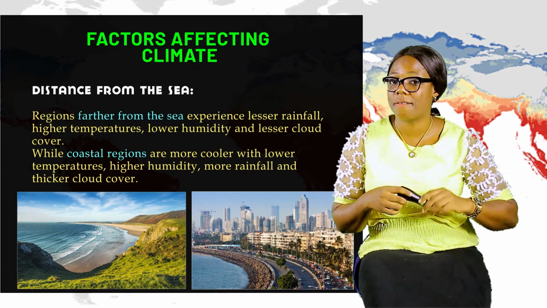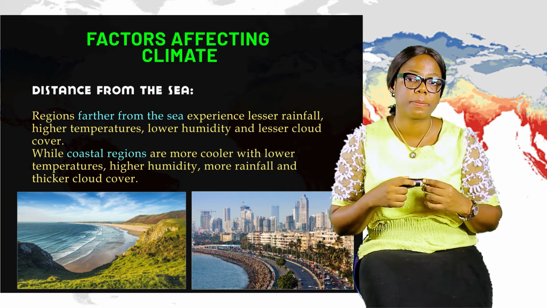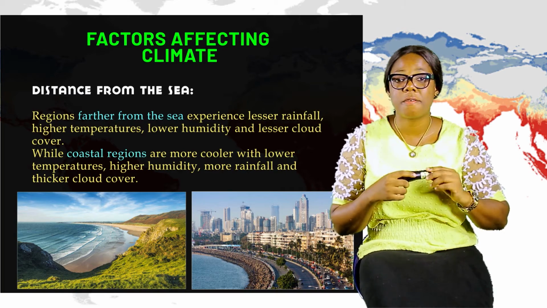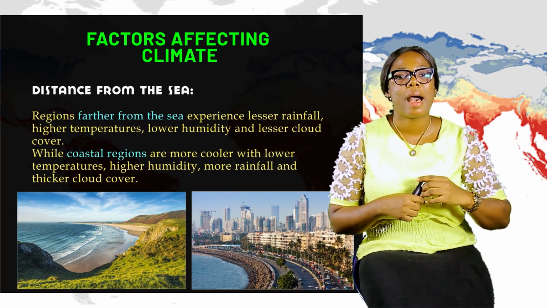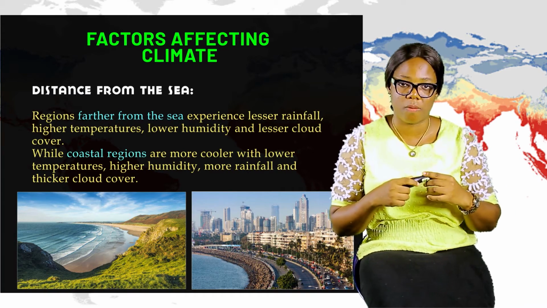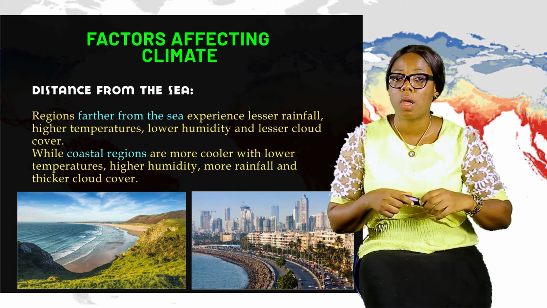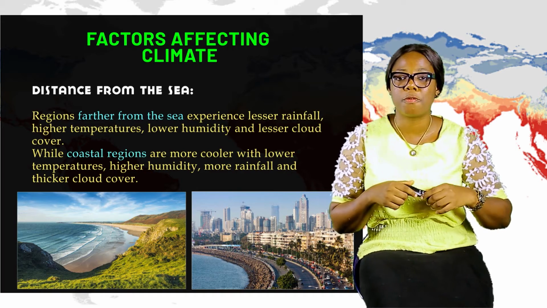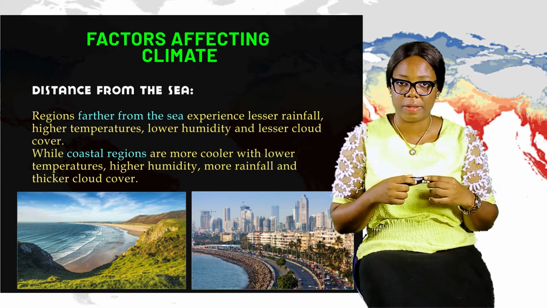Another factor that affects the climate of a region is distance from the sea. Regions that are very far from the sea experience less rainfall, high temperatures, low humidity, and less cloud cover. This is because the warm air coming from the ocean loses its moisture before it gets to the continents or areas that are far from the sea.